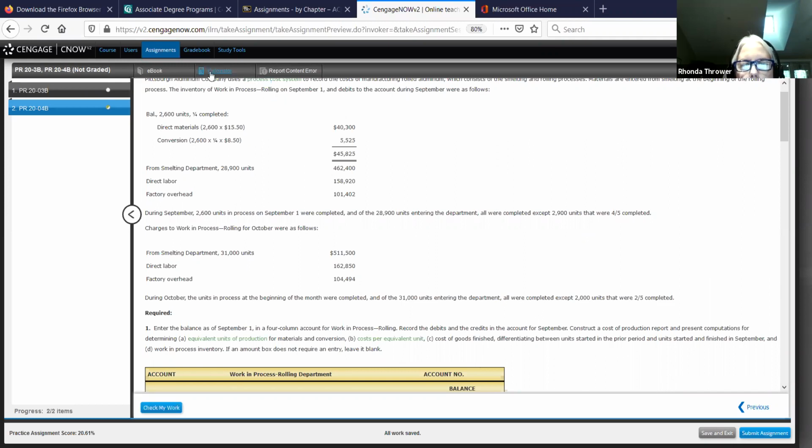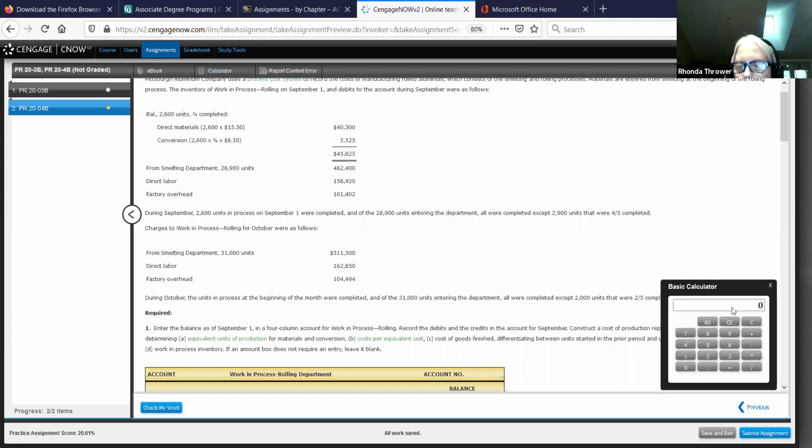So one more time, this is the charm here. There were 2,900 units times 4, and we're going to divide it by 5.